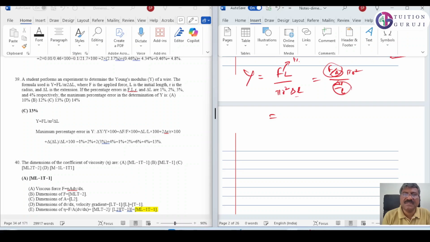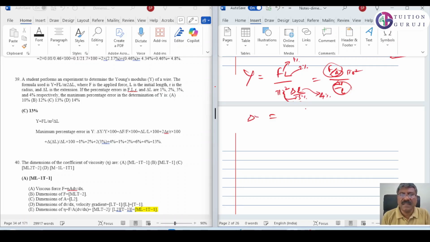For force, 1%. Then for L, it is 2%. Then for R, it is 3%. And for delta L, it is 4%.